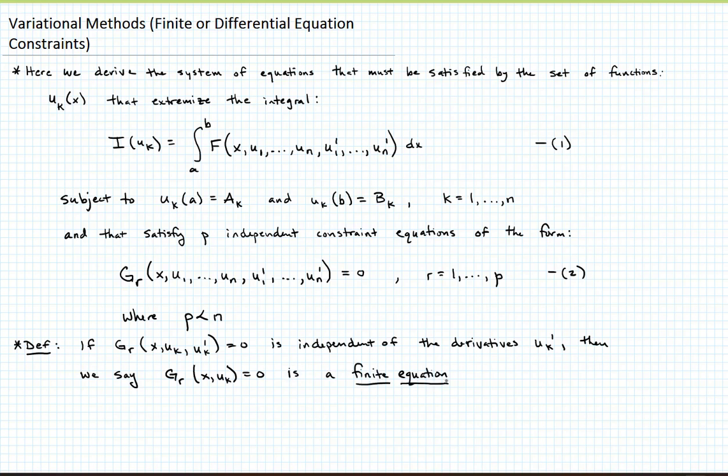The general case in equation 2 could be a differential equation constraint. If there are no derivatives in there, then we refer to that constraint as a finite equation.